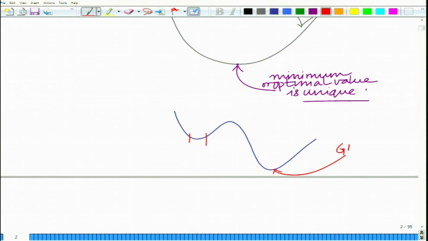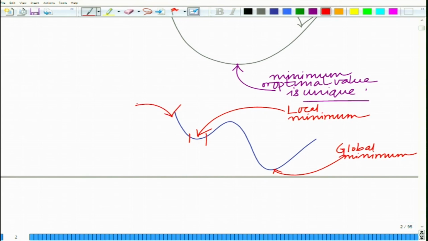So you have the concept of a global minimum, and this is the local minimum, when the objective is non-convex.